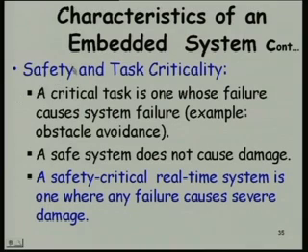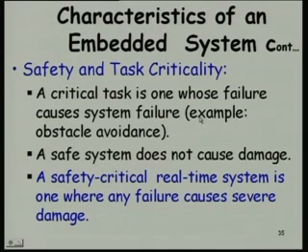Now, let us look at the further characteristics. Another important characteristic is safety and task criticality. We will call a task critical when, if the task fails, then the system would fail. So, any failure of a critical task would not be accepted.